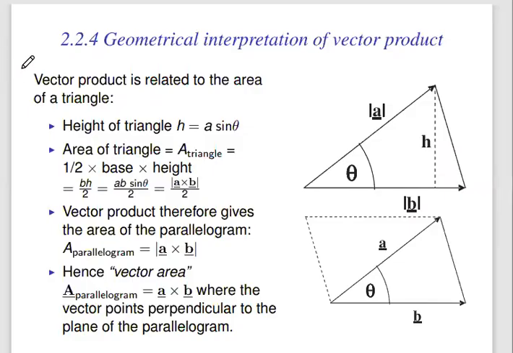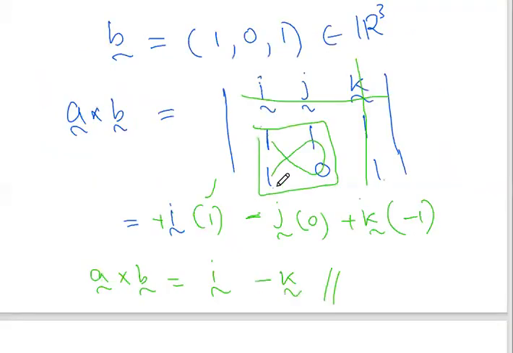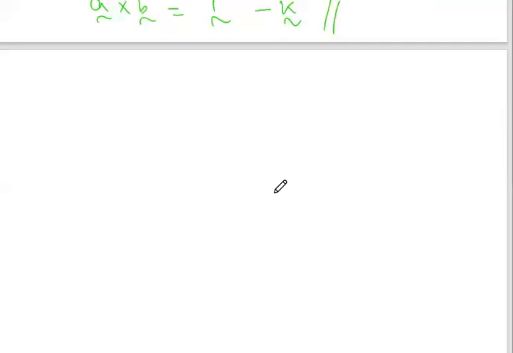The geometric representation of the vector product. So what is the definition of vector product for any dimensional vectors?